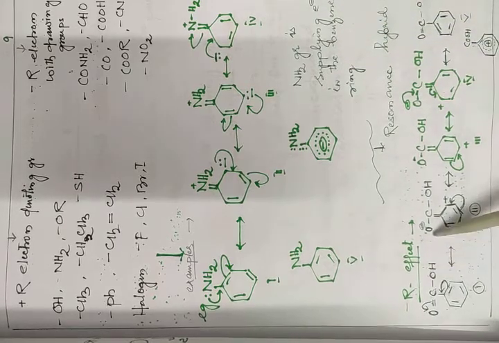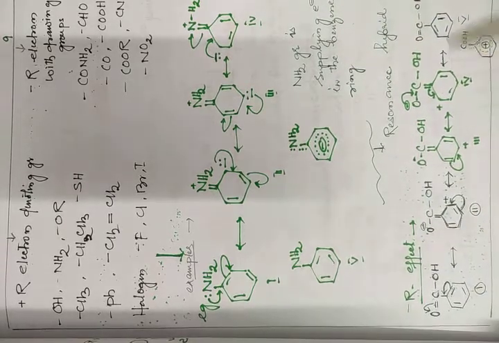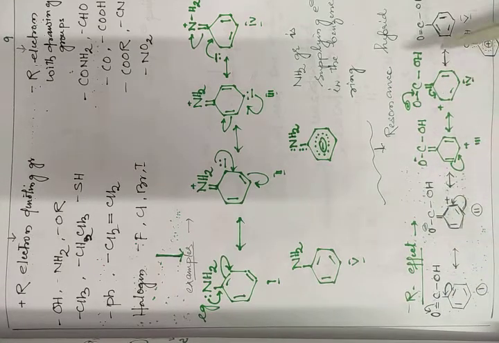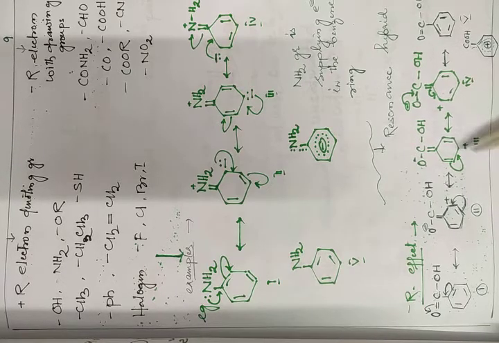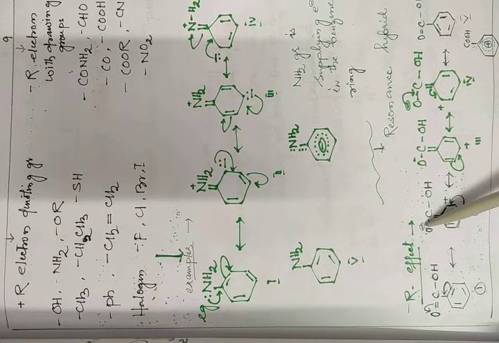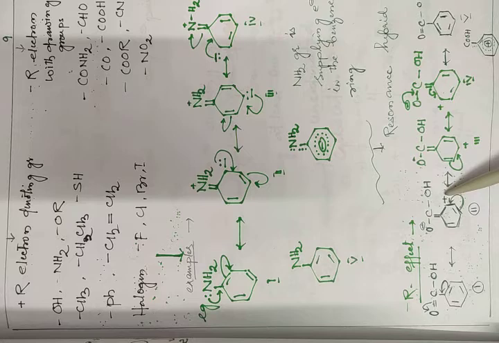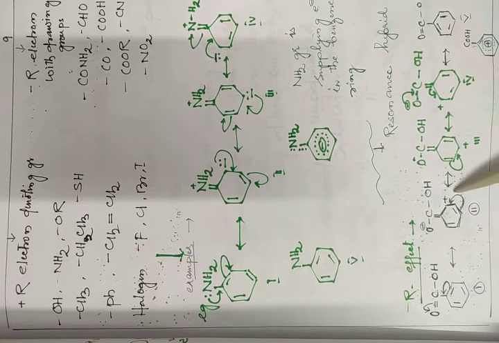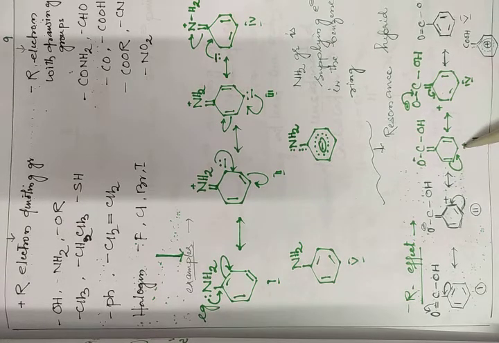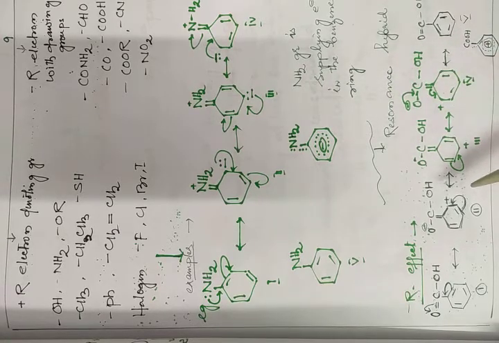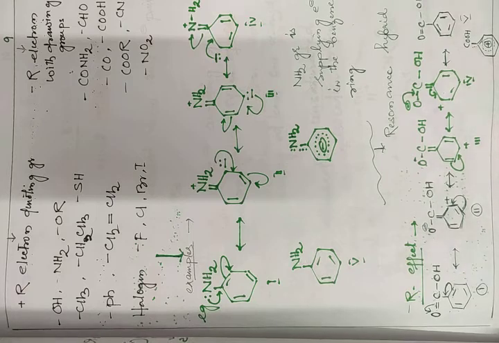Now the negative R effect here is also the same: the negative charge is given to here, with the same structures as before, but here the positive charge will be less. Now let's see: the negative charge, then this one will be given here as a double bond, then this one will have a positive charge, and this one will be given here, then in this position a positive charge will be there. So what is the difference compared to the positive resonance effect?